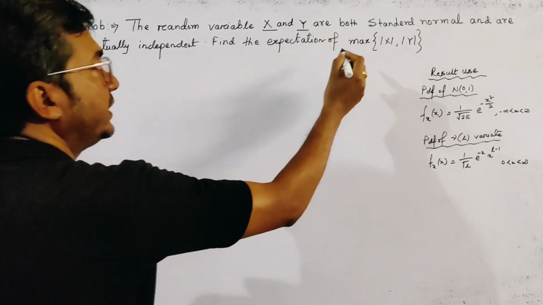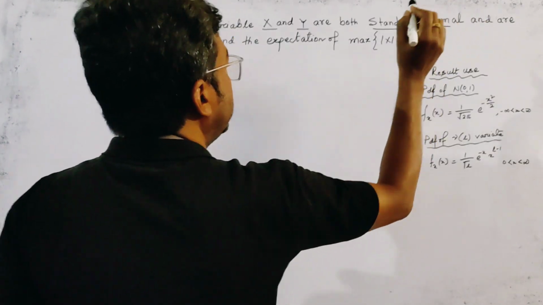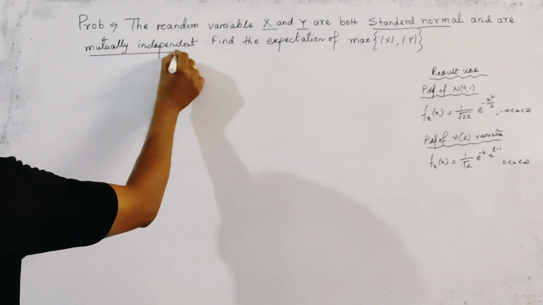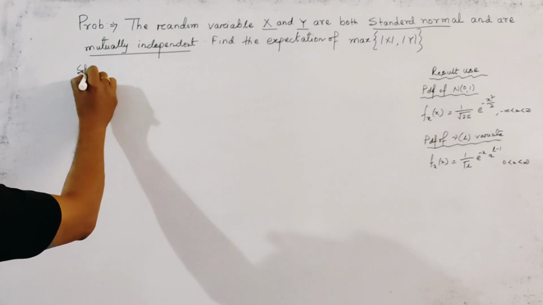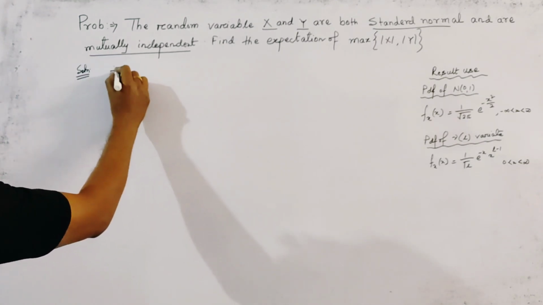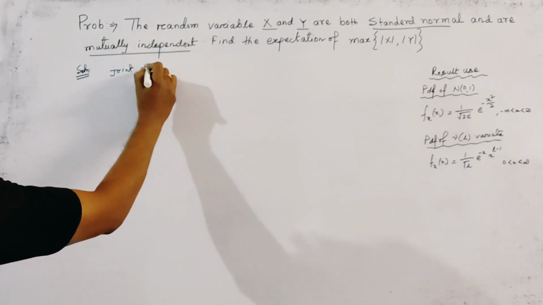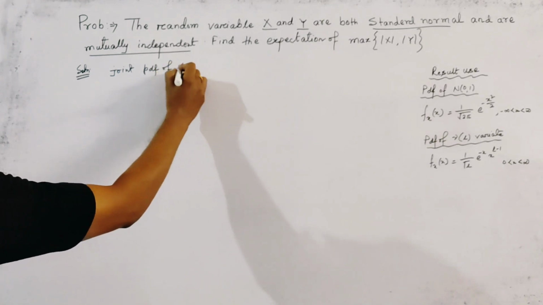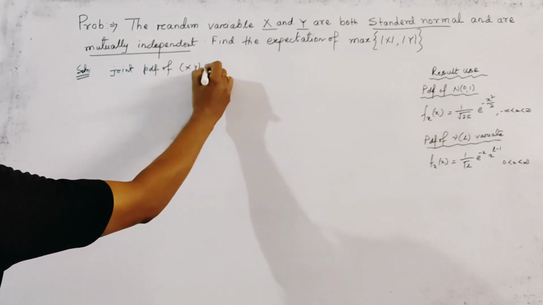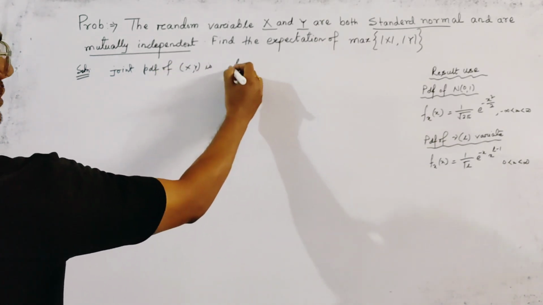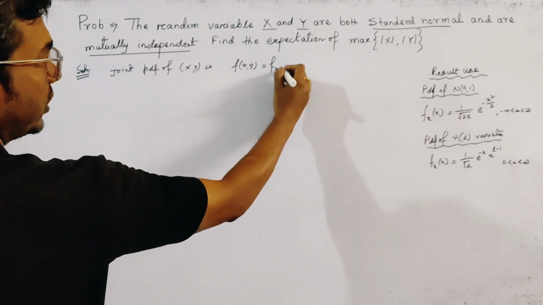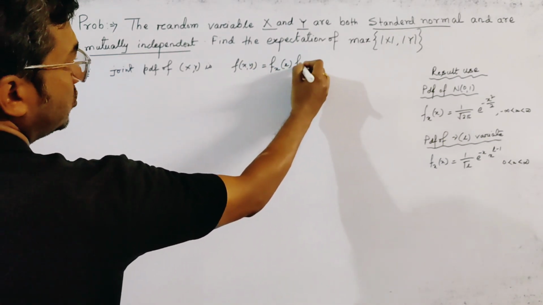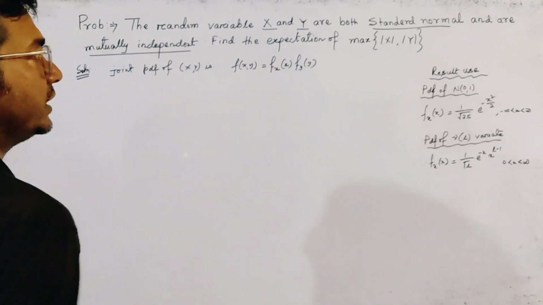Since it is given that both are standard normal and mutually independent, we start with the joint PDF of XY, which is given by f_XY, and since they are independent, it is f_X times f_Y.